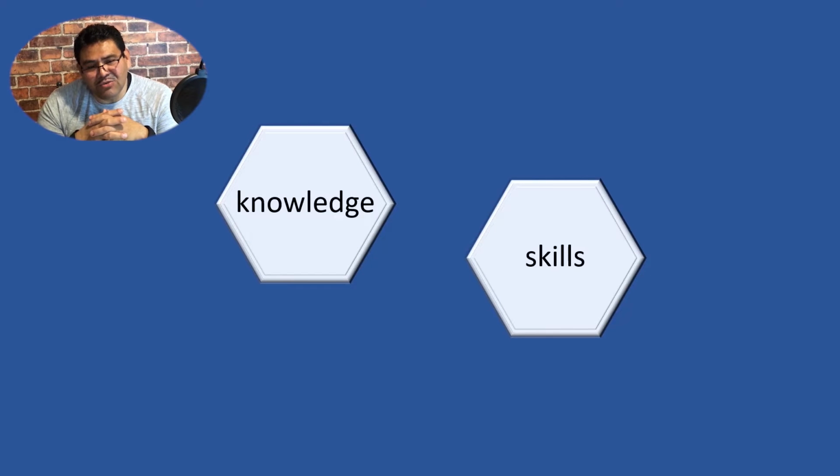Here we are using those hexagons, and what I want to show you is that if you have knowledge about anything, okay? I'm not talking about your daily job. Maybe you have knowledge about gardening or cooking or writing or any skill that you possess. You have knowledge. And the skill is how you use that knowledge to do something. So you have knowledge, and then you practice and you become good.